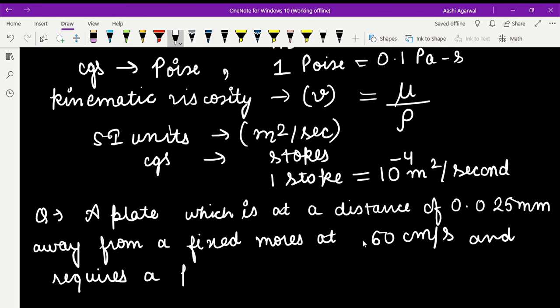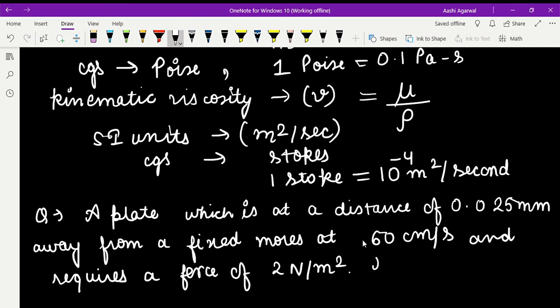and it requires a force of 2 Newton per meter square. So basically this force is expressed in terms of intensity. You can see per meter square of plate needs this much force to move. So I hope you understand.